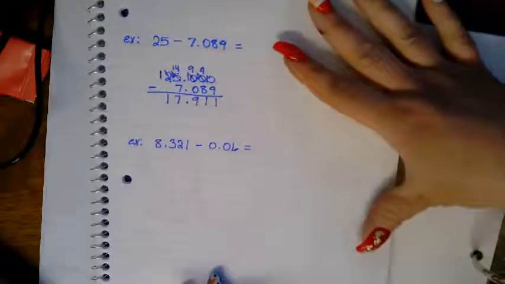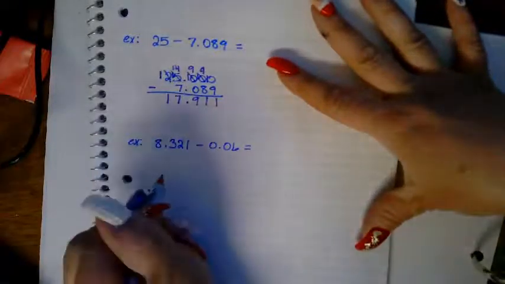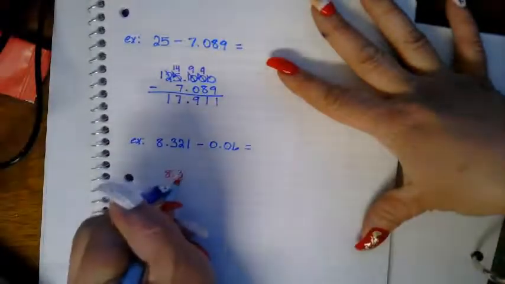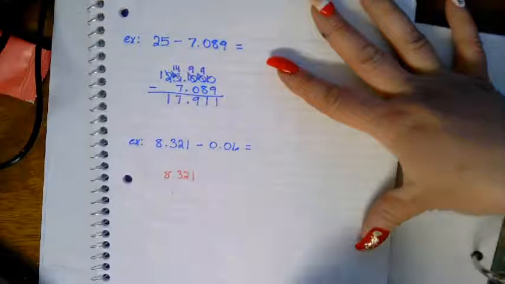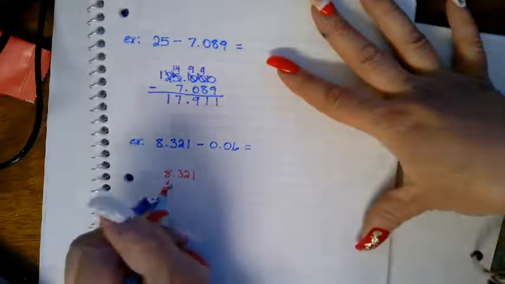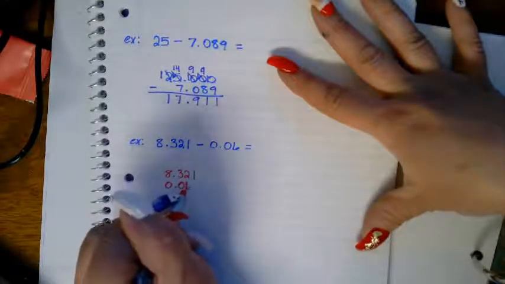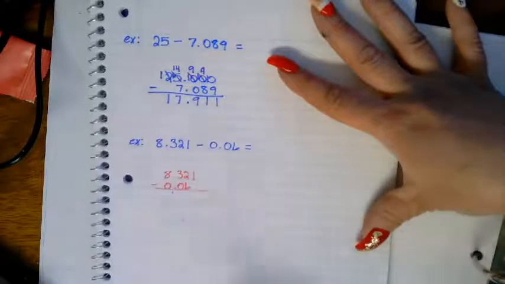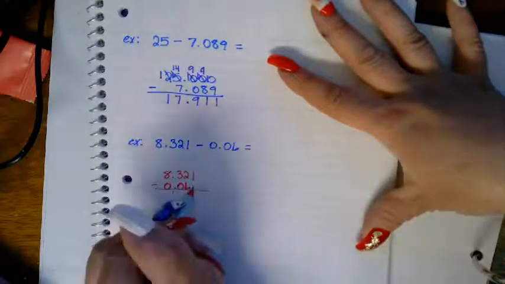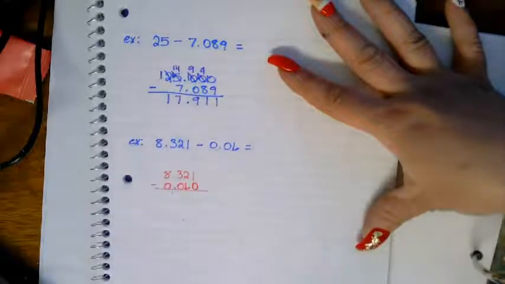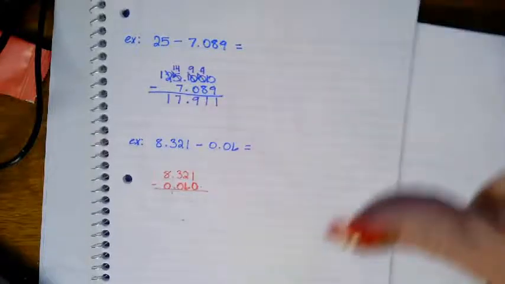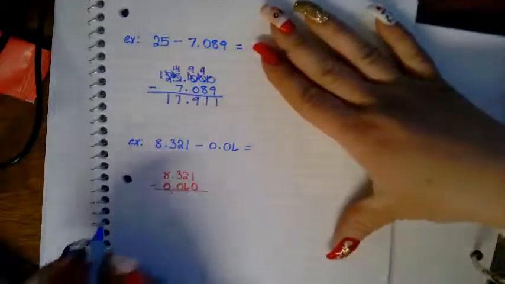Alrighty, let's set it up. So we have 8.321 minus 0.06. We can add the 0 here, or we don't have to, but I'm going to put it. Doesn't change it, right? So let's do our subtraction. 1 minus 0 is 1.